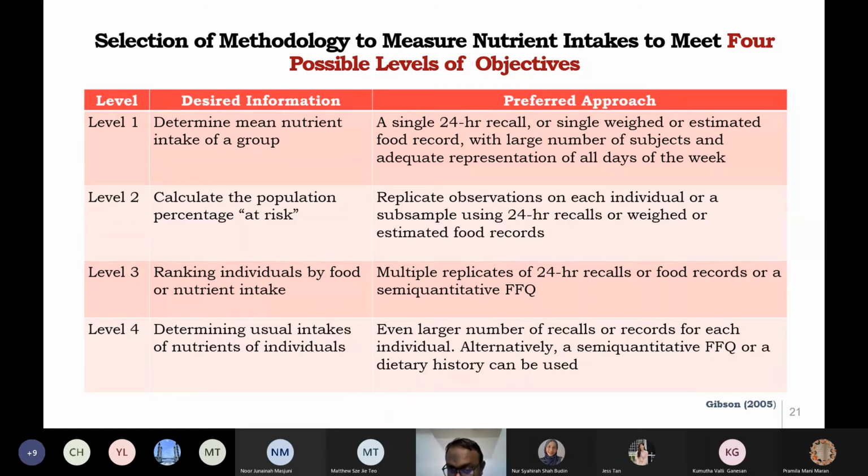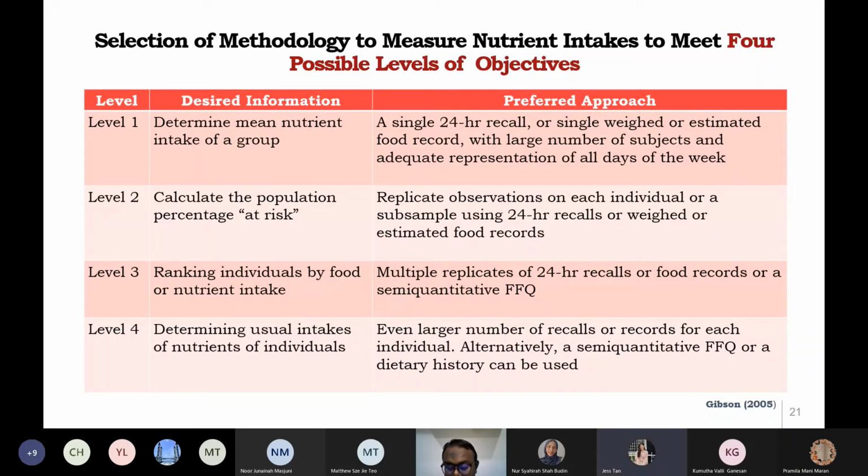If you are familiar with quartiles, we divide the whole population into 4 groups, and then we can say that those in quartile number 4 consume the highest level of intake, whereas those in the lowest quartile, quartile 1, are at the lower range of intake, so therefore they are at the lower ranking.